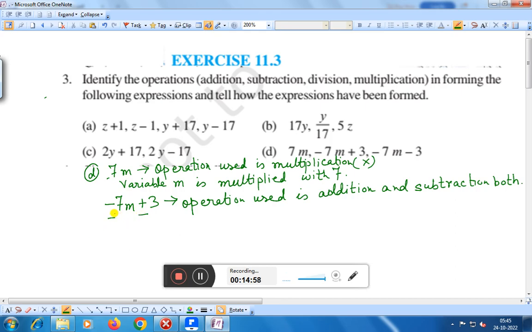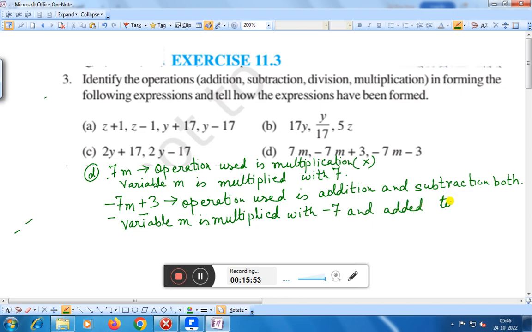That is minus 7m plus 3. You can write it in this way: variable m is multiplied with minus 7 and added to 3.